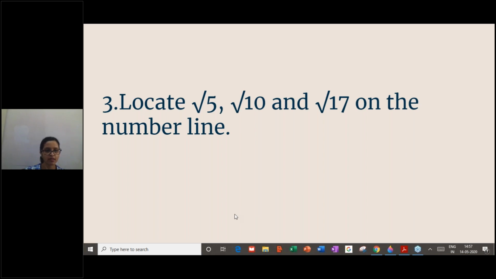Yes, Shakti, your answers, the combination is right. Root 17 is 16 plus 1. Yes, Ria, you simplify it.